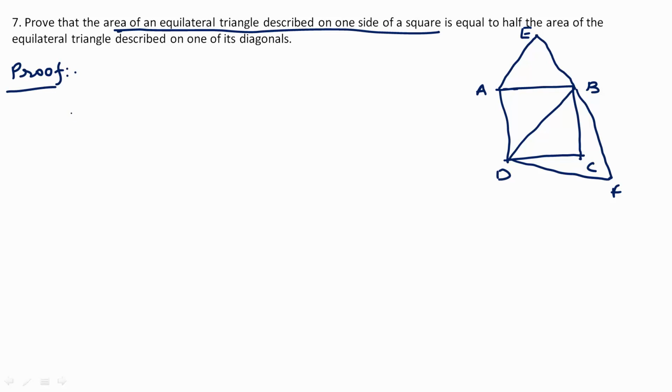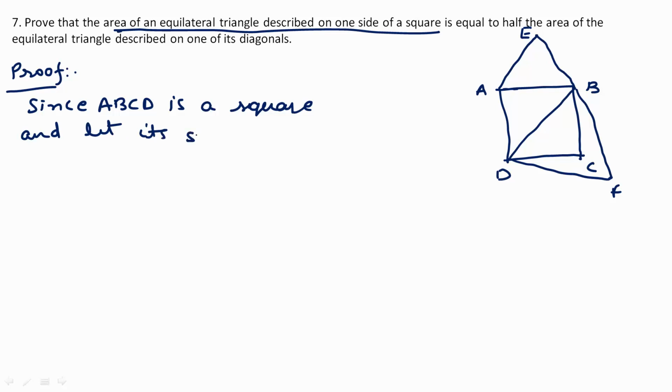Let ABCD be a square, and let its side be A, meaning the length of the side of the square is A unit.